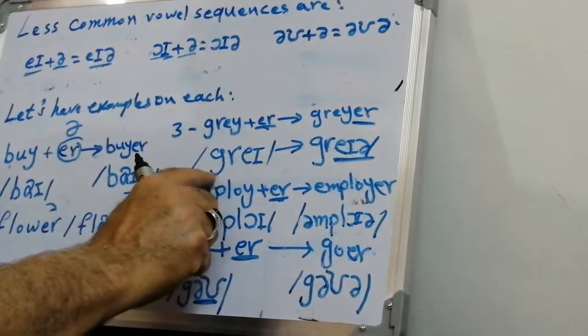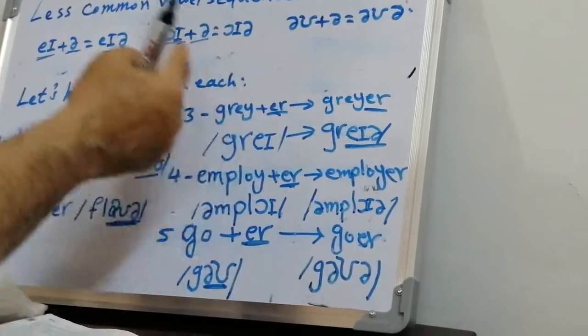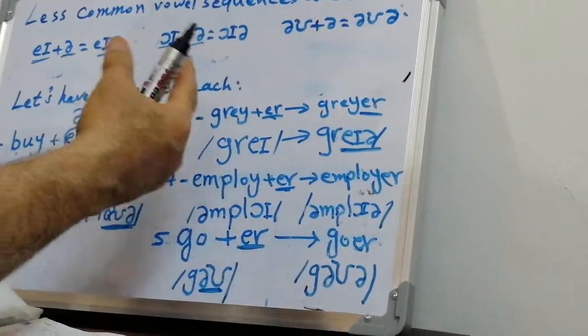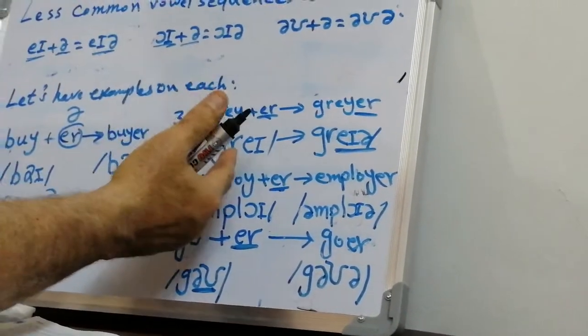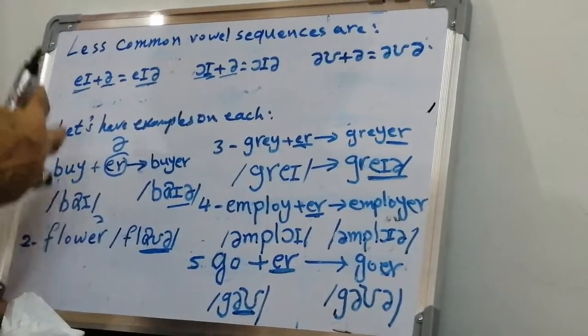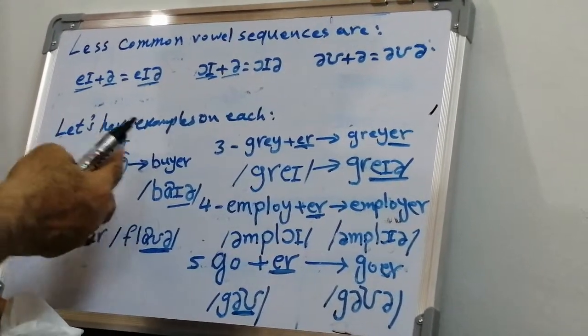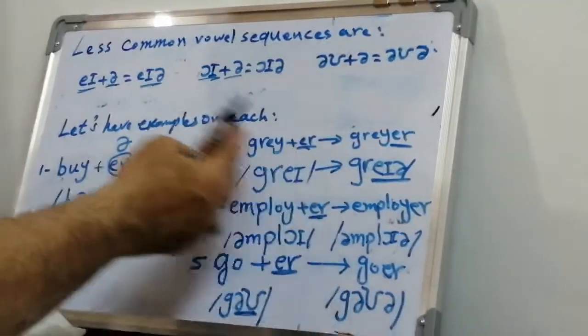Similar to the notion of consonant sequences, we have vowel sequences. These are 5. Two of them are very common, and we have less common ones.